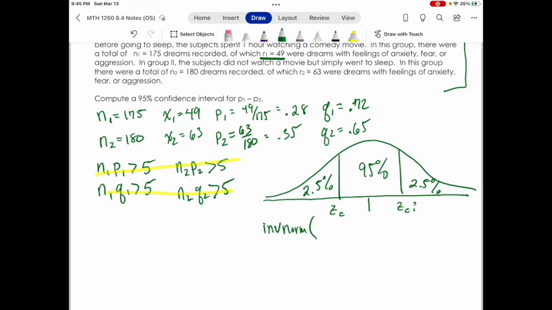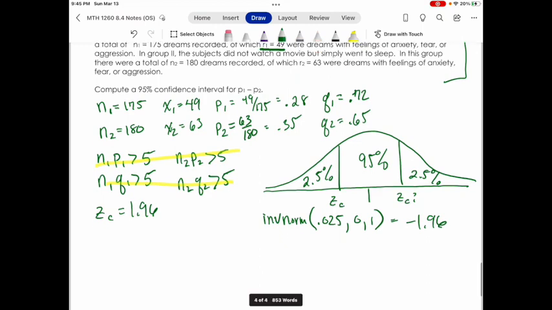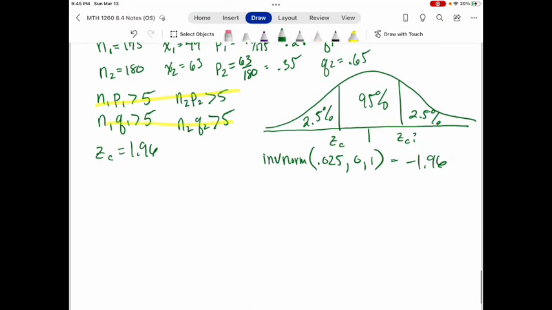So I'm going to do inverse norm, and I'm going to put in 0.025, 0, and 1 for my percentile, mean, and standard deviation. And that's going to give me a negative 1.96. So that means our Z critical is going to be positive 1.96 because we don't include the negative with our critical values.